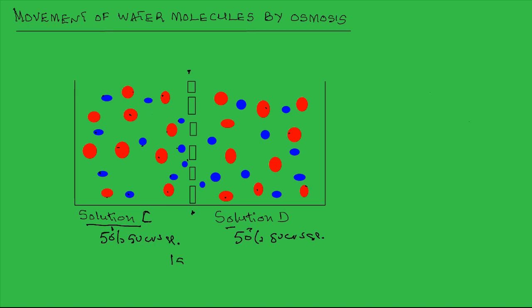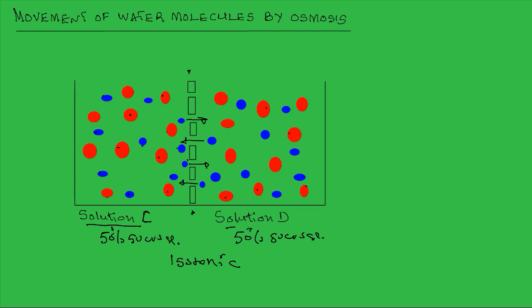That is, the same number of molecules will move from solution C to D. And likewise, you're also going to have the same number moving from D to C, so that there will be no net gain or loss of water molecules by any of the two solutions. That is, C and D will not gain or lose water. Movement of water between solutions depends on the difference between the osmotic pressure.